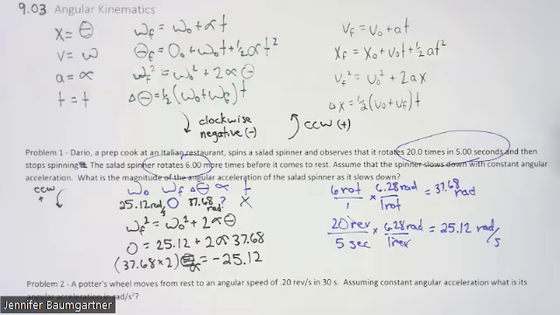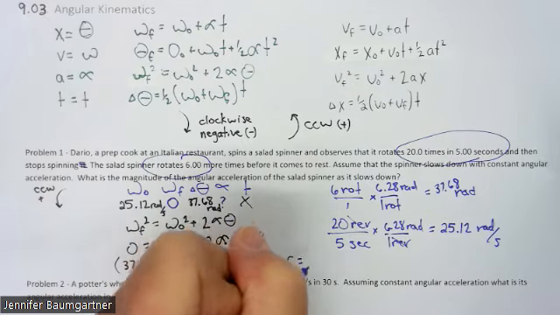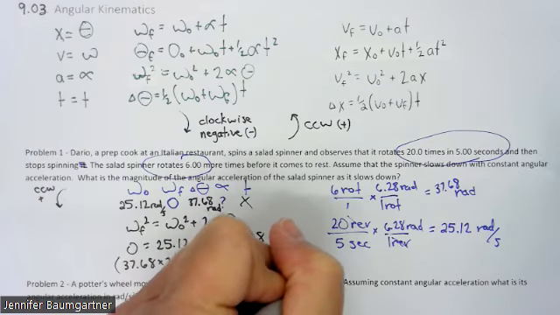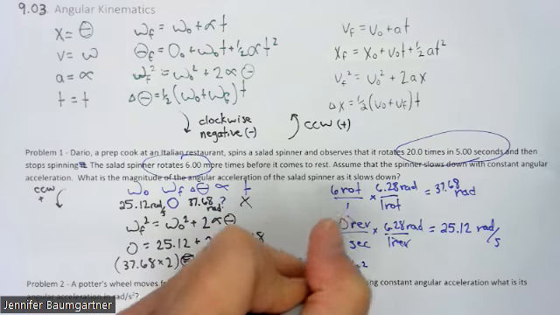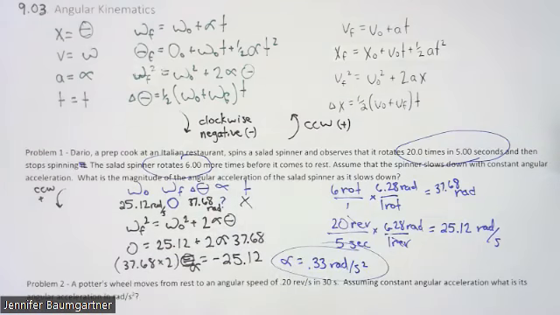That same rule from translational motion applies to rotational: if the velocity and acceleration have the same sign, we're speeding up; if they have opposite signs, we're slowing down. So when I do the math for alpha, assuming I punched everything in my calculator correctly, I get 0.33 radians per second squared.